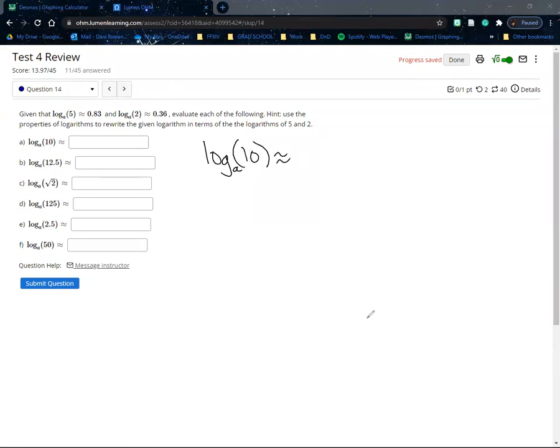It wants to know its approximation. What it's given us is log base A of 5 and log base A of 2. It's told us that log base A of 5 is 0.83, and that log base A of 2 is 0.36.